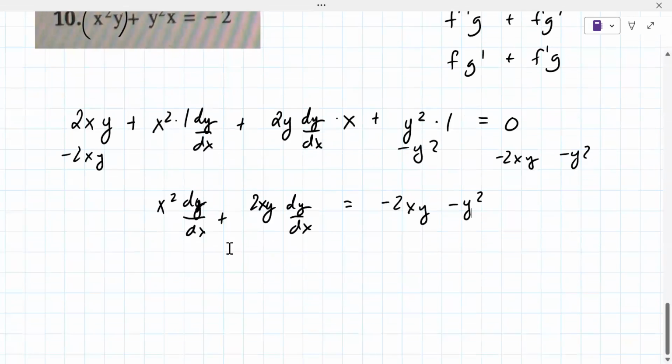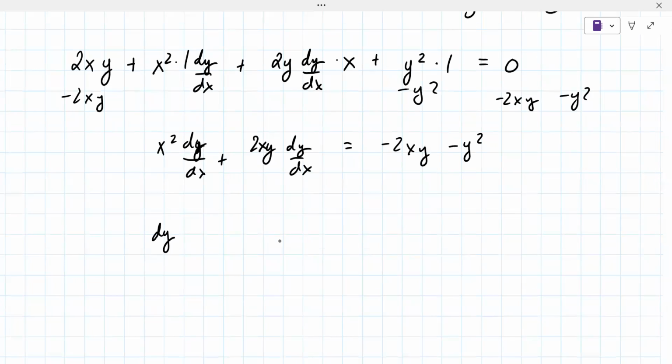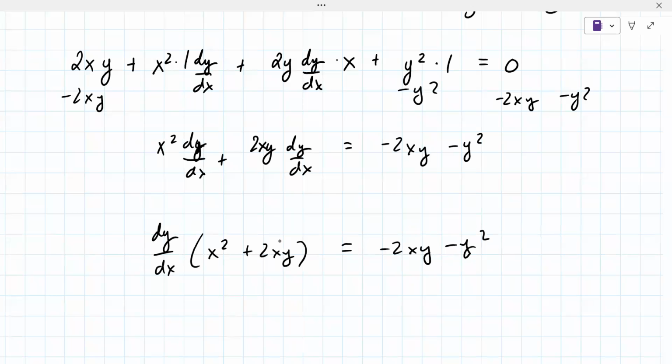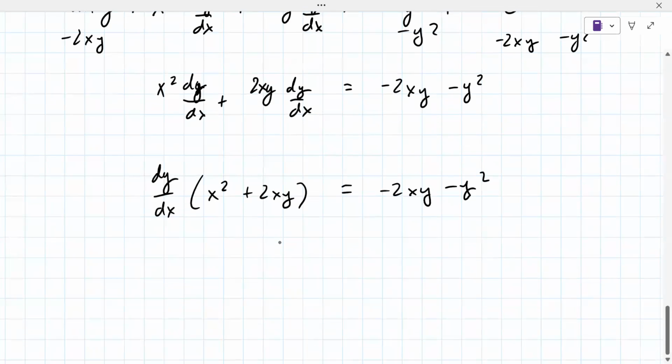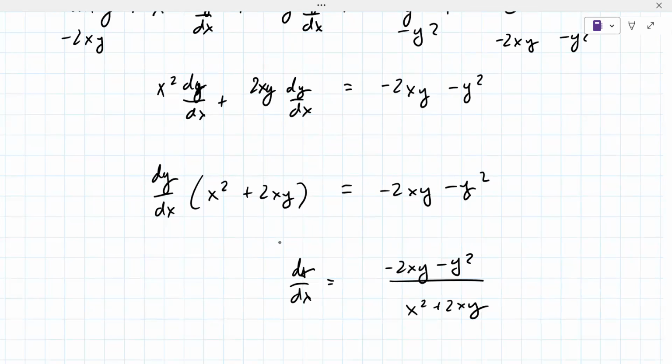Then you factor out the dy/dx: dy/dx times (x squared plus 2xy) equals minus 2xy minus y squared. And then you divide. So dy/dx equals minus 2xy minus y squared over x squared plus 2xy, like that.